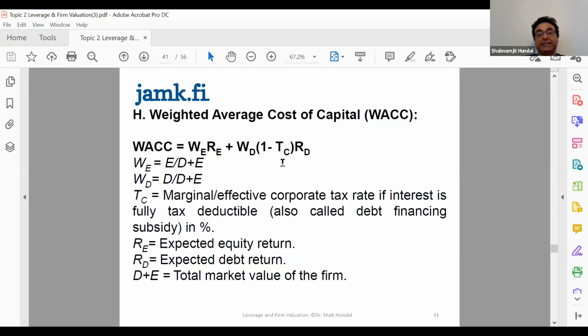And you know that the TC is equal to the marginal tax, the corporate tax rate, which the companies pay effectively. The reason it's called marginal or effective is that it is not the headline or Googled corporate tax rate. It's very specific to the company.